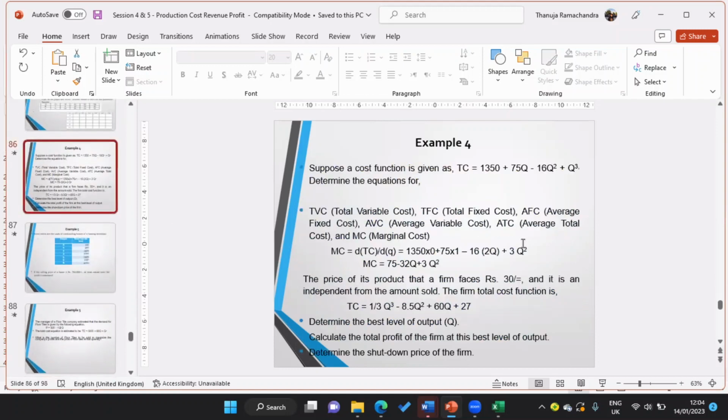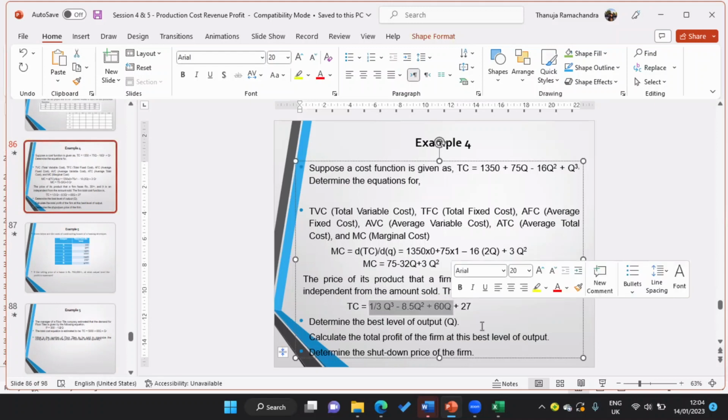So the question is the shutting down price. Okay, shutdown price means average variable cost should be equal to price, right? So it should be less than or equal to price. At least the price should be equal for that. So in this equation, we know this is the variable cost, isn't it? So when you divide this by the Q, you will get the AVC, right?